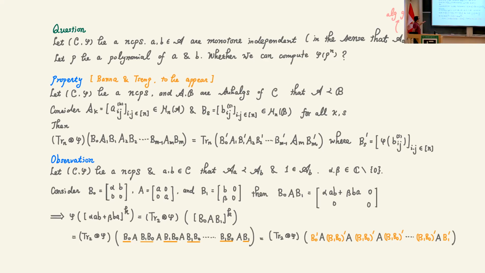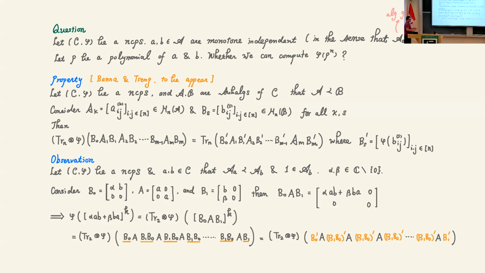It's a matrix approach, which is connected to solving the polynomial. So when you consider these things, if you are given A and B, where A and B are monotone independent, and you want to study this, which is the linear span of A and B.